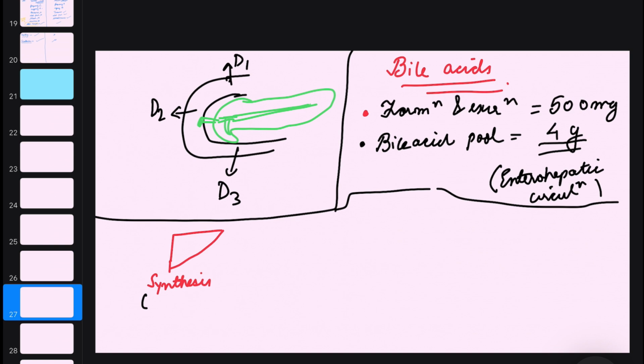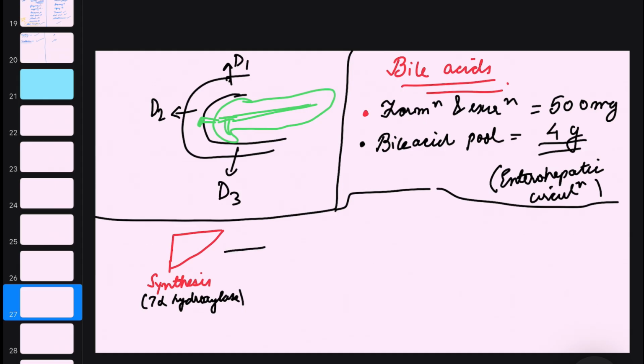I'm not going into the details of bile acid synthesis and all those steps, but basically the most important enzyme over here is 7-alpha hydroxylase. We'll actually study this in a lot more detail when we study hepatology. Right now we are in gastroenterology, so we are not dealing with the details of the liver. 7-alpha hydroxylase is the rate limiting step in the synthesis of bile acids.